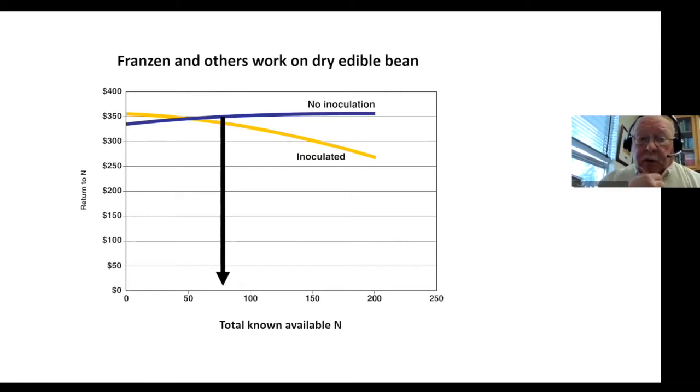So this is a very exciting return to nitrogen graphic, and it comes from the soil fertility circular that I last revised in 2017. That chart, the return to nitrogen, is from 20-cent dry bean price and 30-cent nitrogen price. So that same ratio of 30 to 20 would be the same ratio as 60-cent nitrogen and 40-cent dry beans.